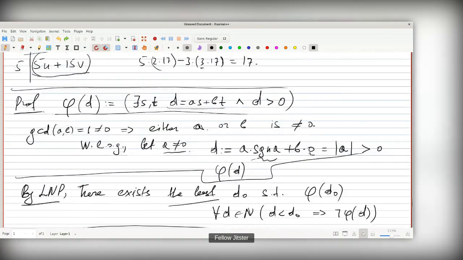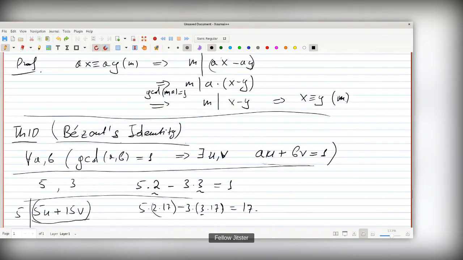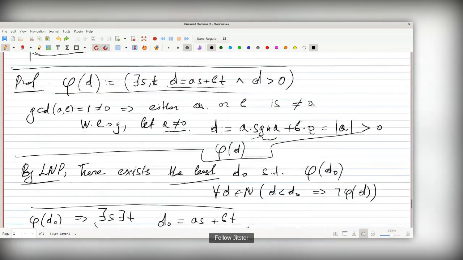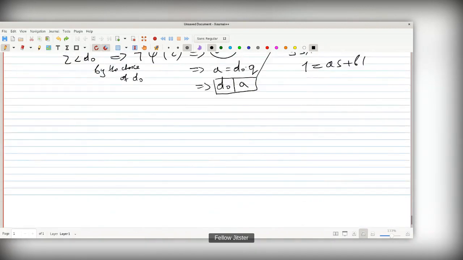Okay, so far we proved Bezout's identity: given A and B coprime, it is possible to obtain 1 as their linear combination. And generally, it is possible to obtain the greatest common divisor of any two numbers this way. Corollary 11.